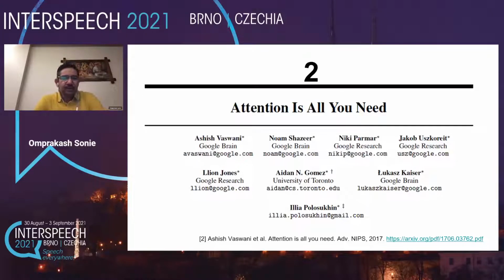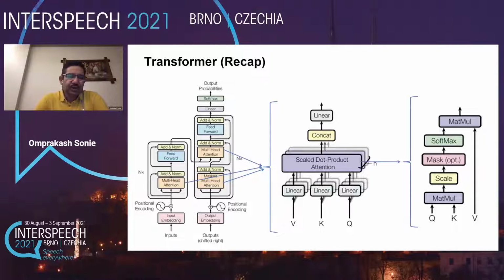The other thing you will hear, and many of you may be familiar with, is the transformer, so I'll just quickly recap it. This is a paper from Google. Historically, RNNs or LSTMs were used for sequential data, but in the transformer, the encoder and the decoder use completely self-attention.